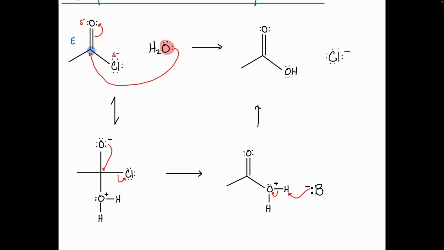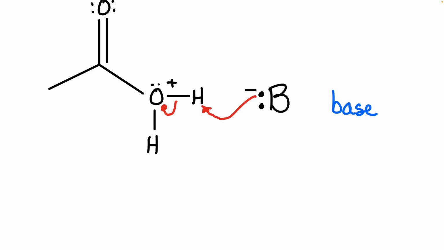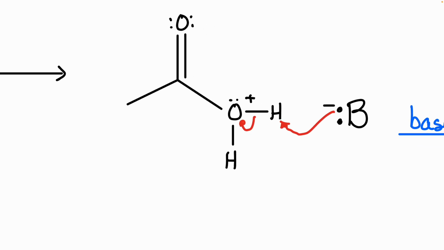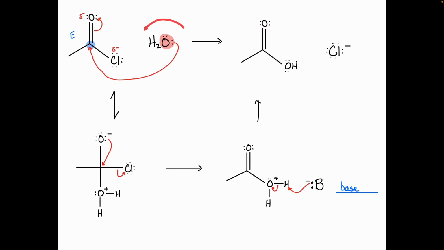Now, last step here, depending on your carboxylic acid derivative that you start with and your nucleophile, the identity of this base might be a little different. So let's just note here, this is our base that we're going to use. You've got two potential bases floating around in this solution. Our nucleophile, our water, can play the role of a base, but we also have our leaving group here, our chloride ion.